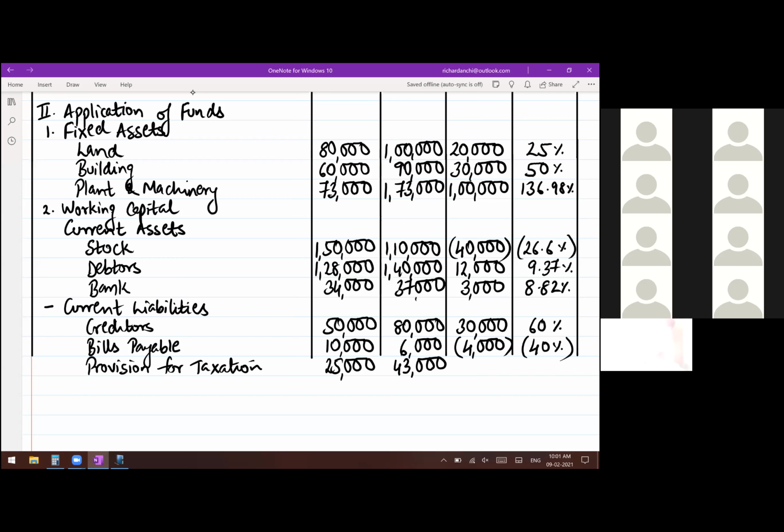Calculate absolute change first. 18,000, correct. And then to calculate percentage change, 18,000 divided by 25,000 into 100. 72%. Okay.